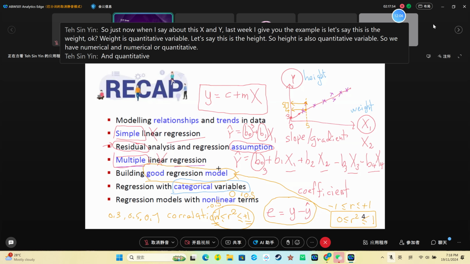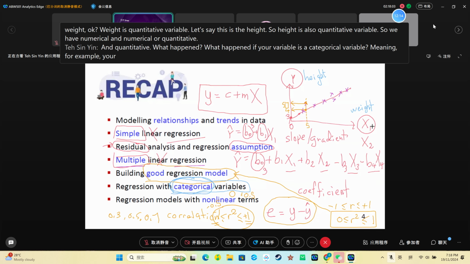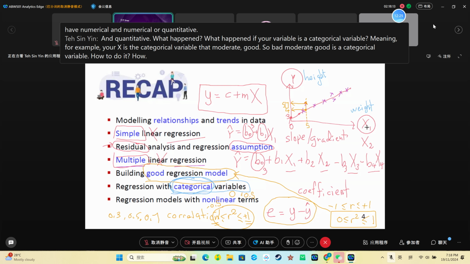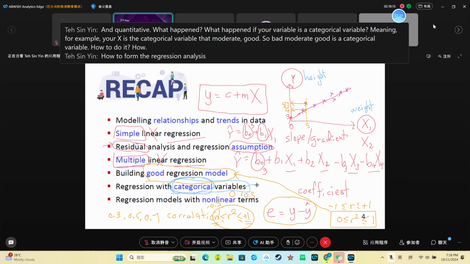What happens if your variable is a categorical variable? Meaning, for example, your X is the categorical variable: bad, moderate, good. So bad, moderate, good is a categorical variable. How to do the regression analysis? We will do it using a dummy variable. Dummy variable means it is not the real variable.